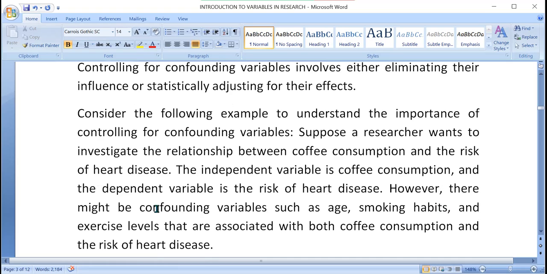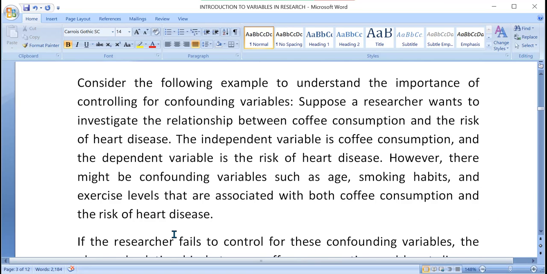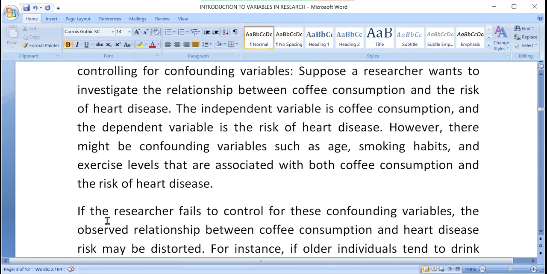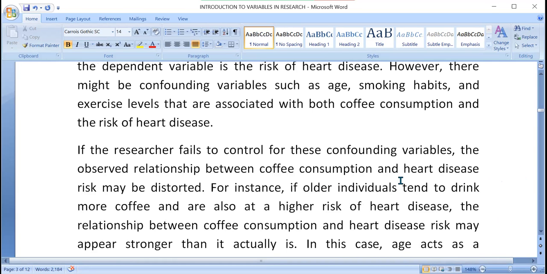However, there might be confounding variables such as age, smoking habits, and exercise level that are associated with both coffee consumption and the risk of heart diseases. If the researcher fails to control for these confounding variables, the observed relationship between coffee consumption and heart disease risk may be distorted.